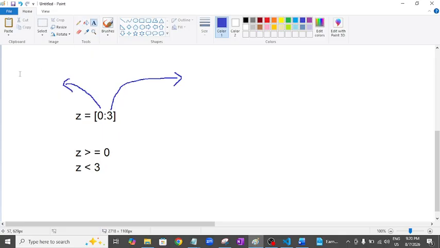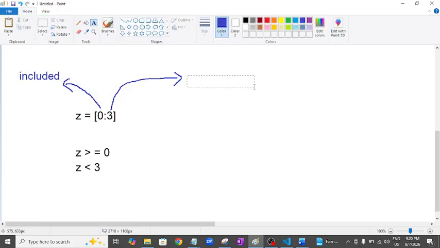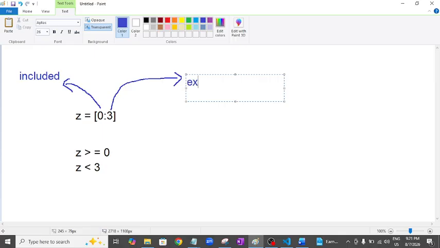This part is included, and this part is excluded.